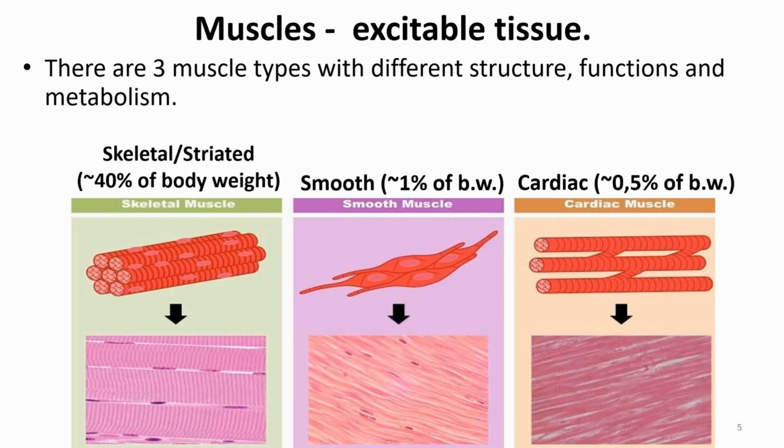The other type of muscle, a considerably smaller part of our body, only about 1% of the body mass, is smooth muscle. These are muscles that form our internal organs, including blood vessels. So smooth muscles one will find, for example, in the intestines, uterus, lungs, and other internal organs.